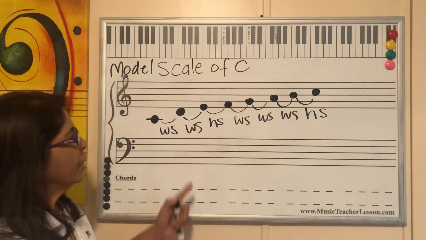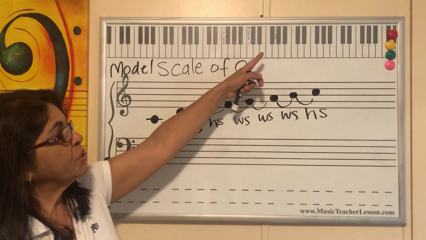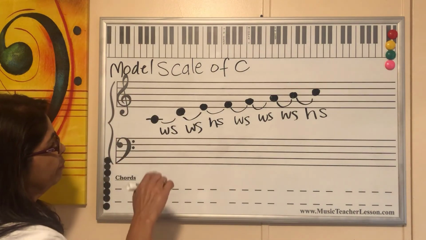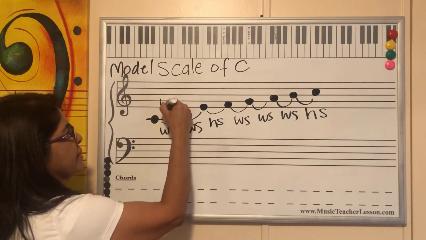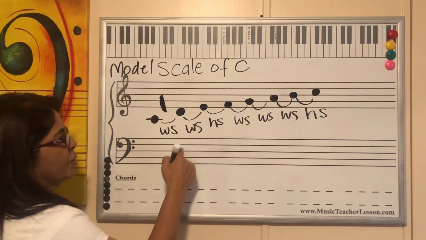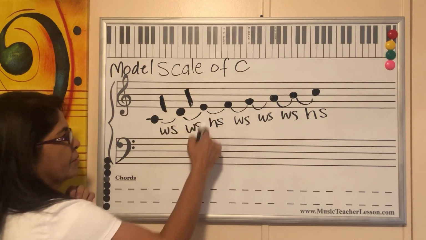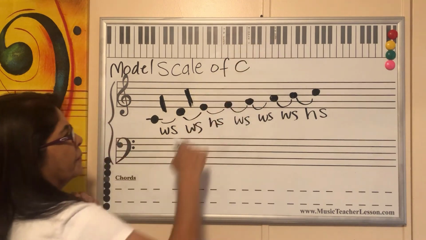That's why we have a black key in between the notes. From C to D, there is a black key. From D to E, there is a black key. From E to F, there is no black key. You see it here?